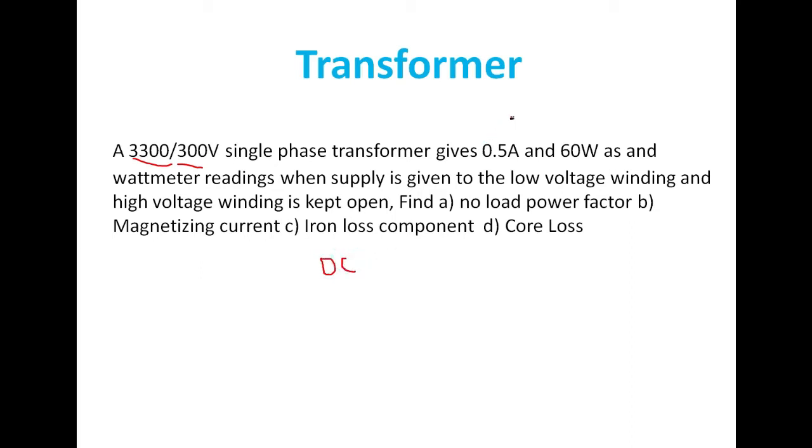So the reading is the no load current. The current is I naught and the wattmeter reading is W naught. We will take this as W naught. In OC test, generally the wattmeter reading is taken as iron loss, correct? Then we have to find no load power factor, magnetizing current, iron loss component, and core loss.